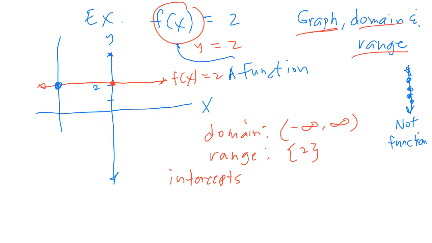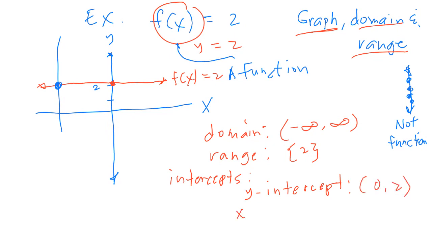But if you ask about the intercepts, you can answer that when looking at the graph and also looking at the equation. So it's only crossing the y-axis. There's no x-axis crossing. So only the y-intercept is here. So the y-intercept would be at (0, 2).